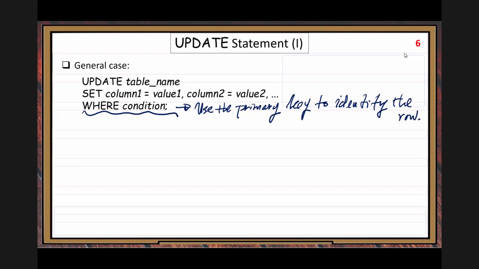But that way, you need to make sure your table has a primary key. Otherwise, you cannot use the primary key. There are sometimes some tables that do not have primary keys. Then you need to consider different ways to identify the rows.